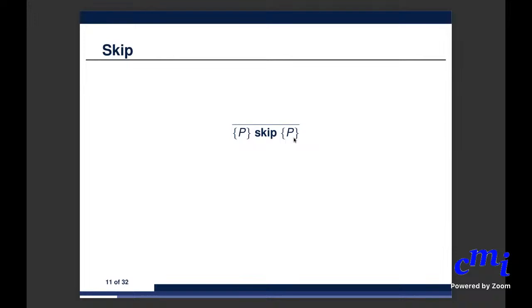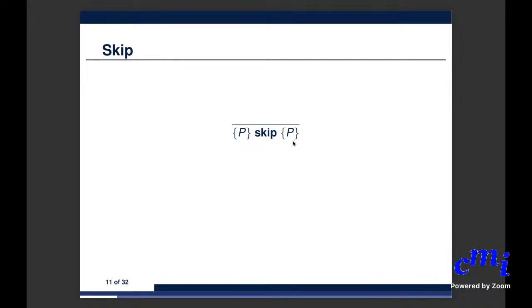And in most cases, it will do it in such a way that it gives the strongest post predicate. If P is the precondition, since skip does not change anything, the strongest thing that you can say about the post is that P will continue to hold in the post state as well.